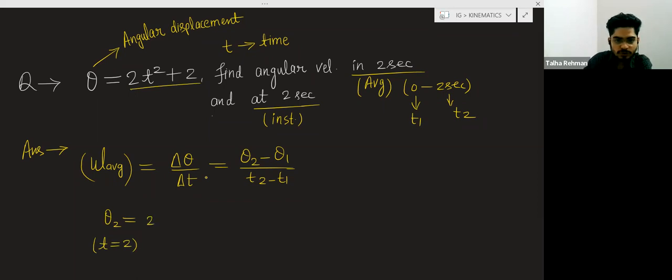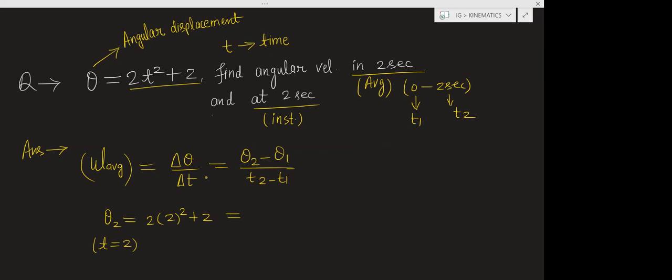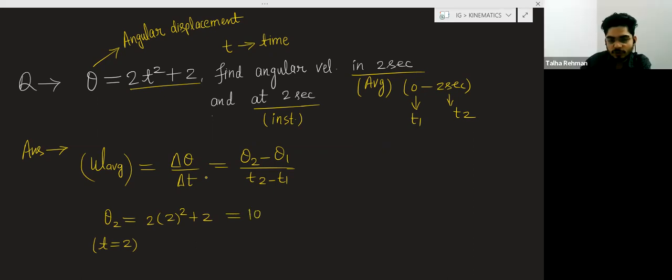So this is 2 into 2 square plus 2. This will become 10. And this is theta, so SI unit of theta is radian. 10 radian.